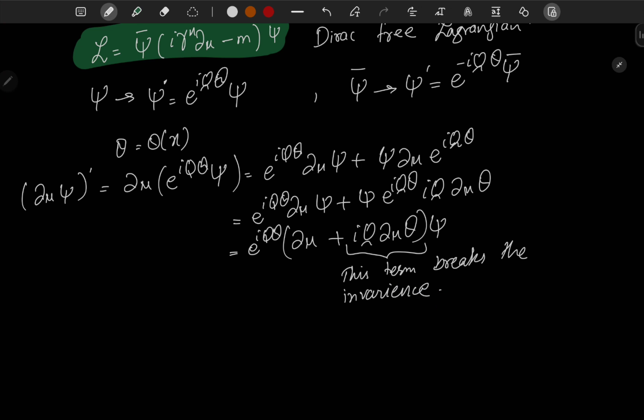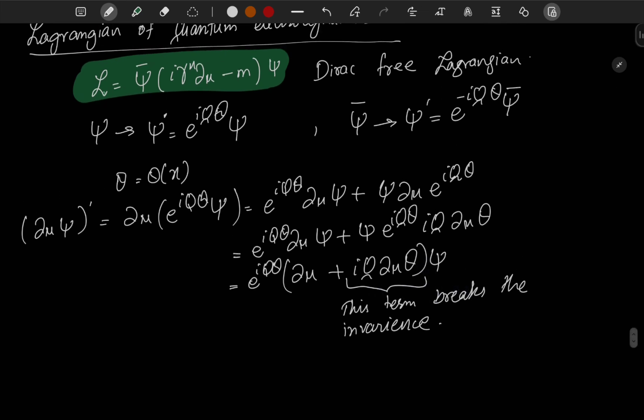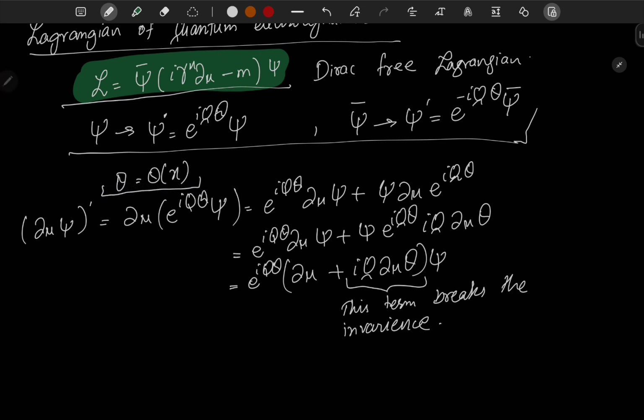To solve this issue: this Lagrangian is invariant under a global phase transformation, but as soon as we consider the theta parameter to depend on position, we go from a global phase transformation to a local transformation, so we get an extra term right here, and this breaks the invariance.